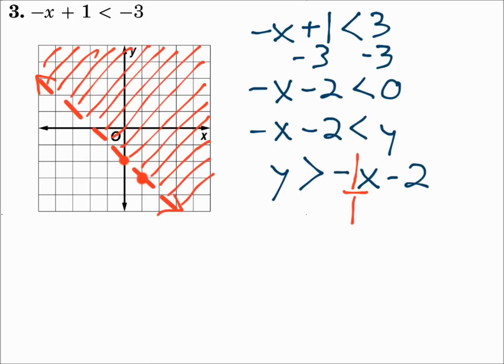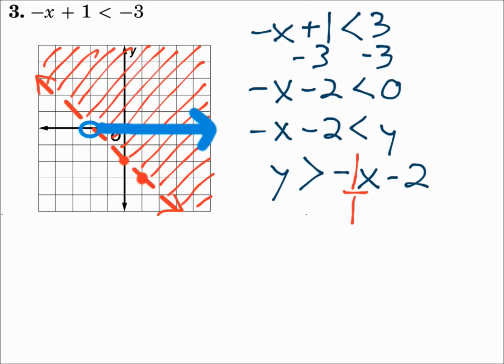Now the solution is the shaded part of the x-axis. It starts right there. But since we had a dashed line, that's going to be an open circle because that number is not included in the solution. And to the right is what's shaded in.